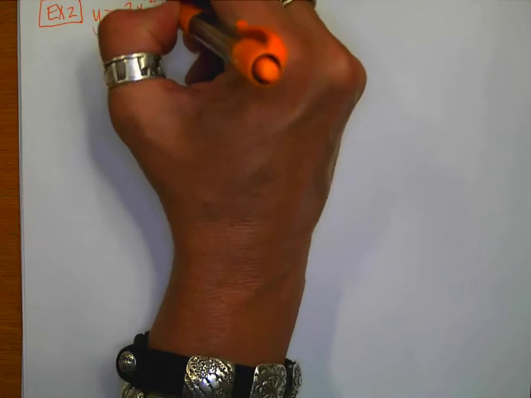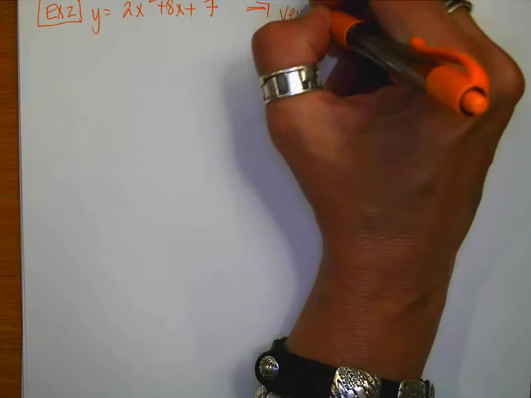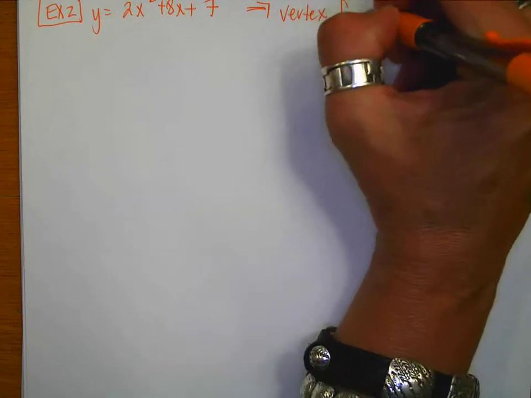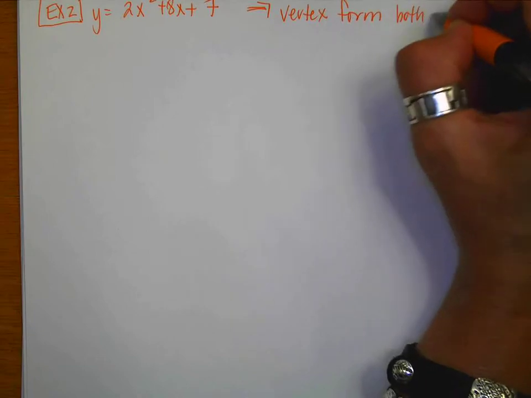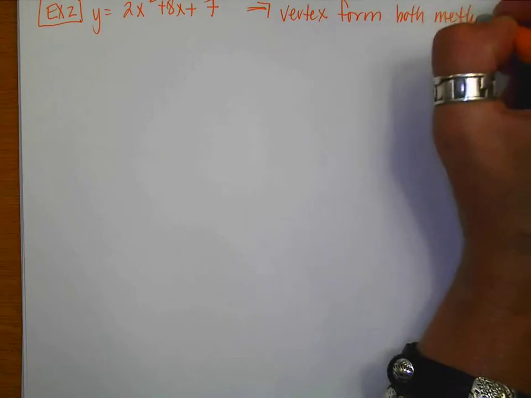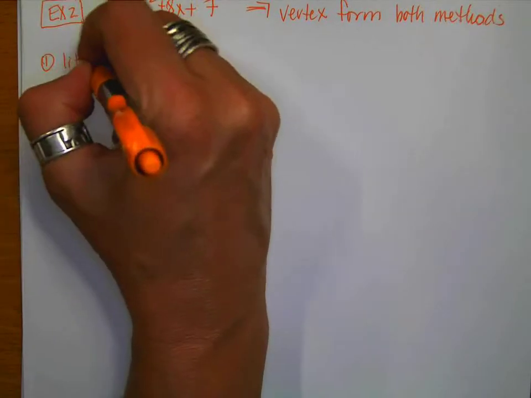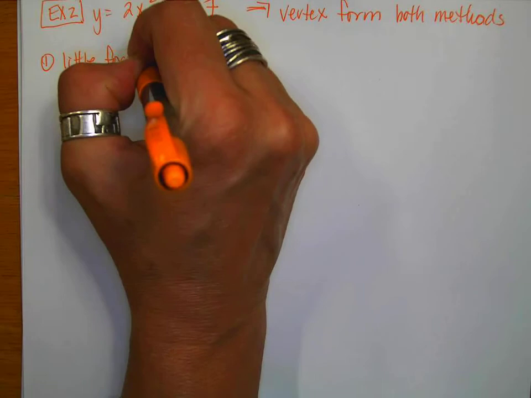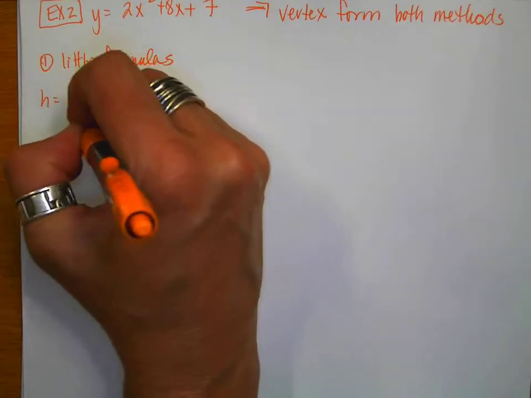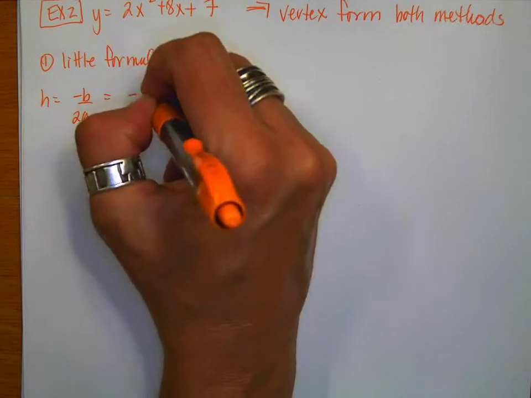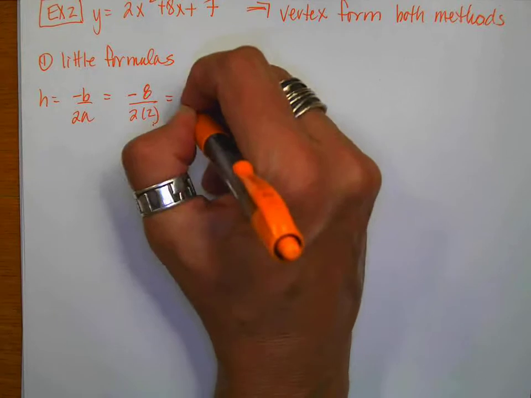I'm going to have y is equal to 2x squared plus 8x plus 7, and I want to put it in vertex form. And again, I'm going to do it using both methods. So I'm going to do the little formulas first, just because. So h is negative b over 2a, so that's negative 8 over 2 times 2.